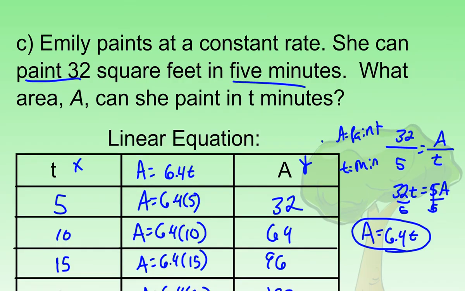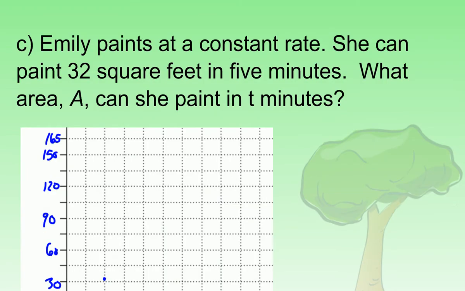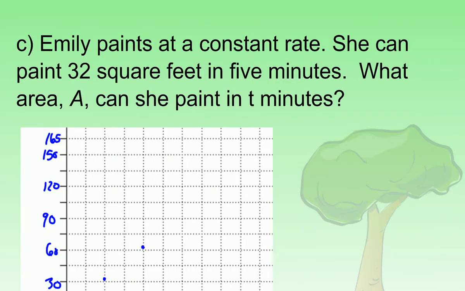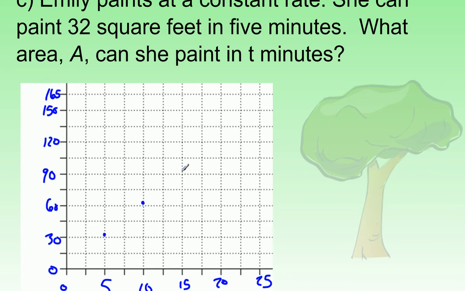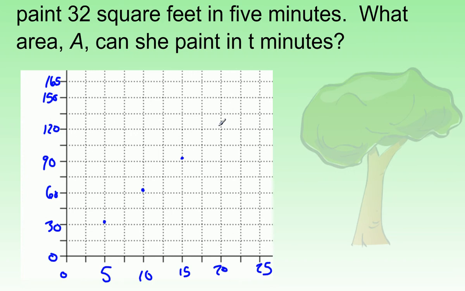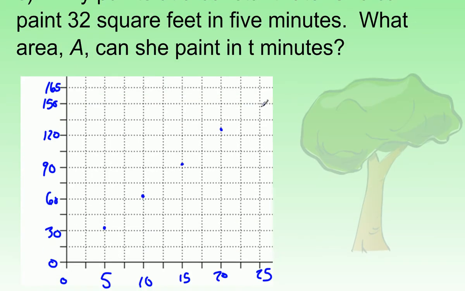And so now we can graph. 5, 32. 10, 64. 15, 96. 20, 128. And 25, 160. 160 would be halfway right there.